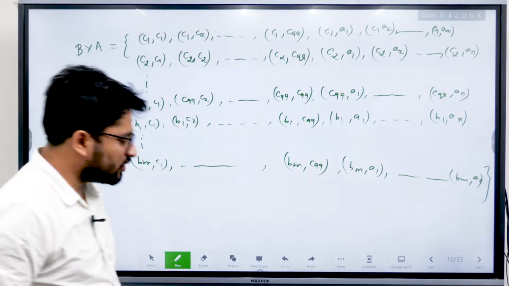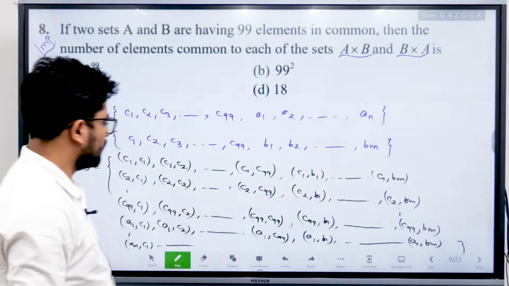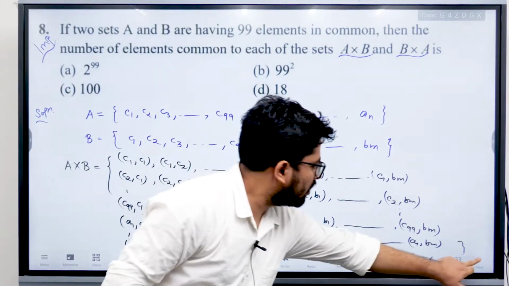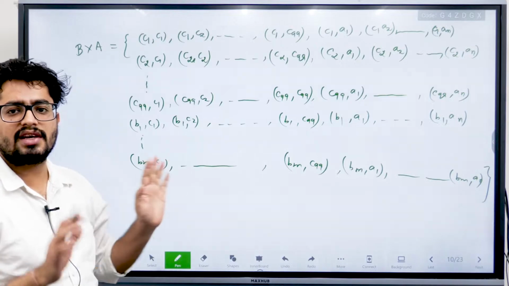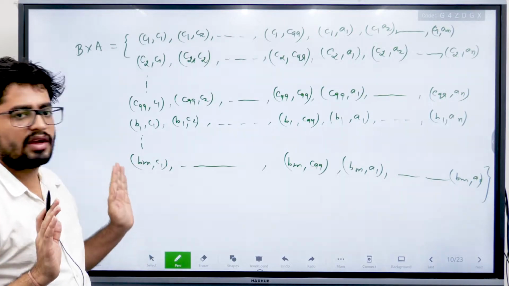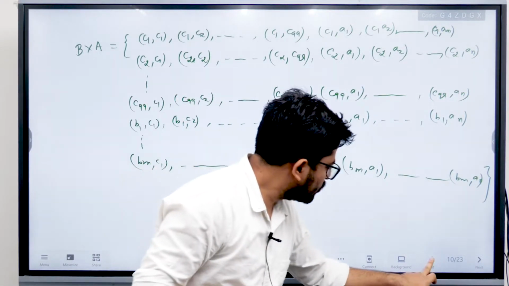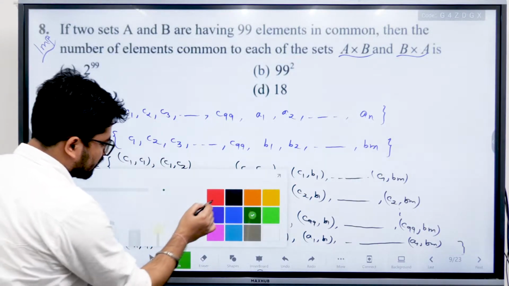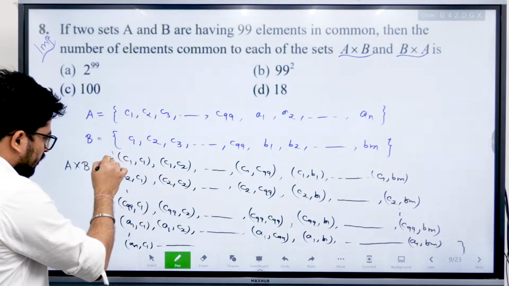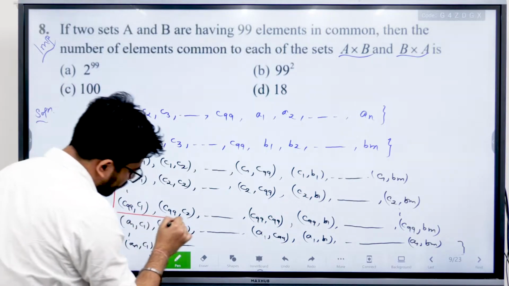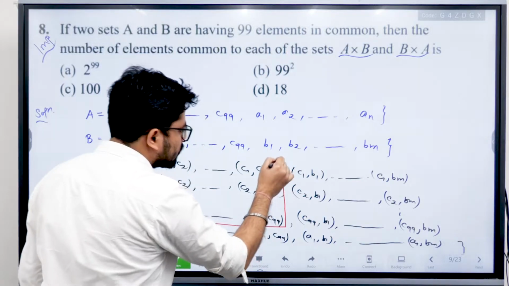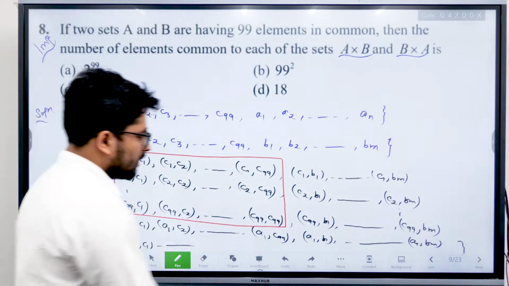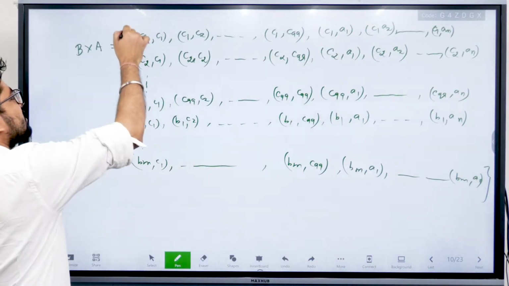Now when you observe both these sets, A cross B and B cross A, here you have A1 C1, and here you have B1 C1. So these are not equal elements. For the equal elements, we can observe very clearly that this portion is the same as this one.